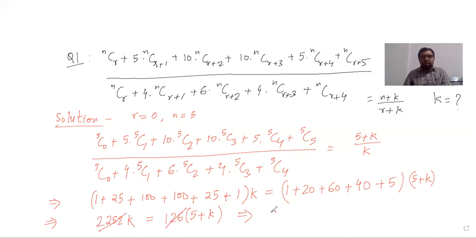On simplification, we get 2k is equal to 5 plus k. Now k goes to the left hand side, 2k minus k becomes k, and therefore k is equal to 5. So the final answer for this question is k is equal to 5.